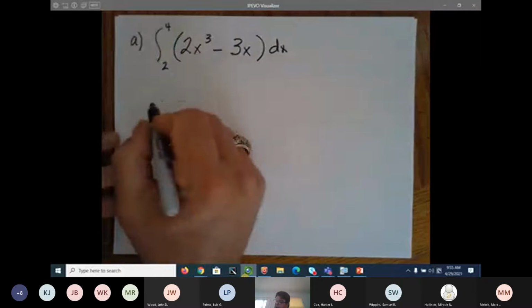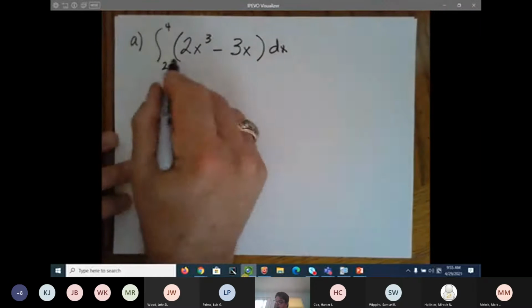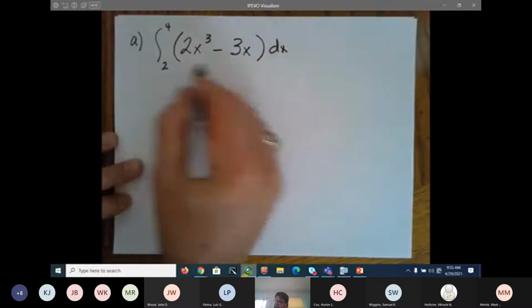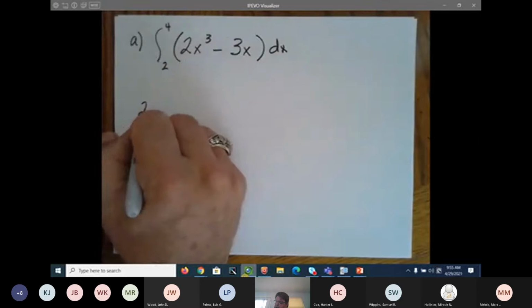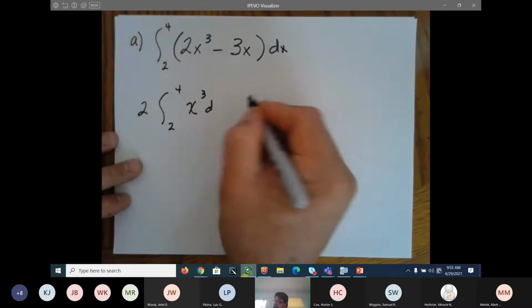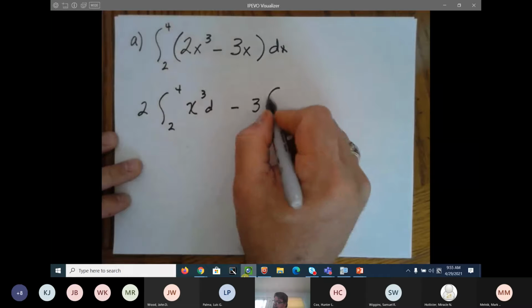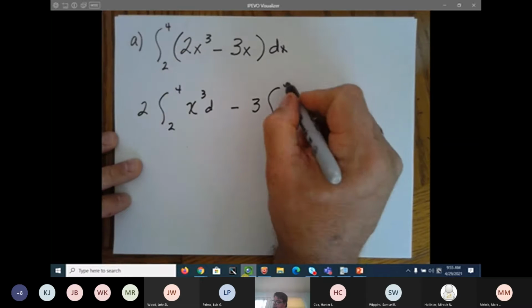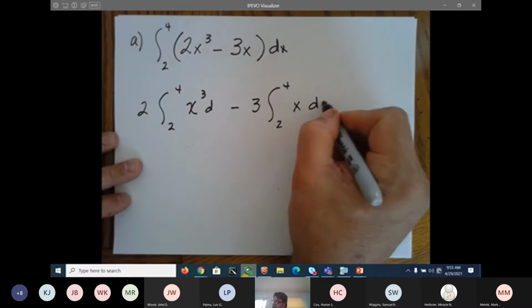So here we go. I'm going to take the antiderivative. I'm going to rewrite this as 2 antiderivative from 2 to 4 of x to the third dx minus 3 antiderivative from 2 to 4 of x dx.